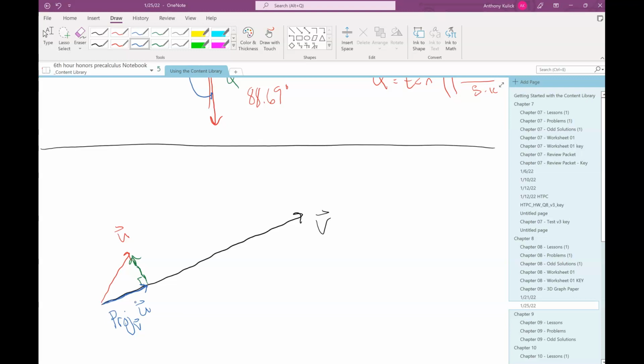So what that projection of vector u onto v is basically doing is saying, okay, this much of vector u is in the same direction as v. For the sake of argument, I'm going to name this green vector here that I've drawn in as the vector w.